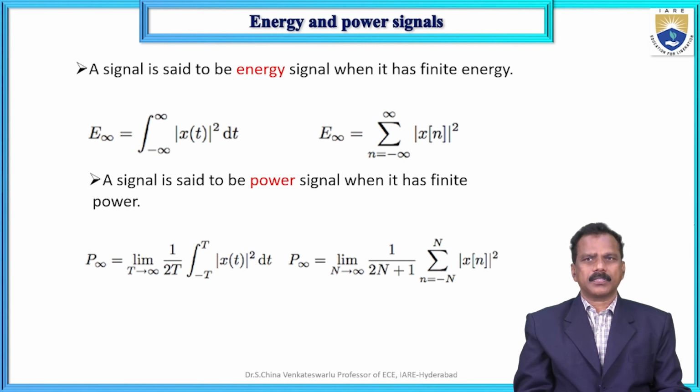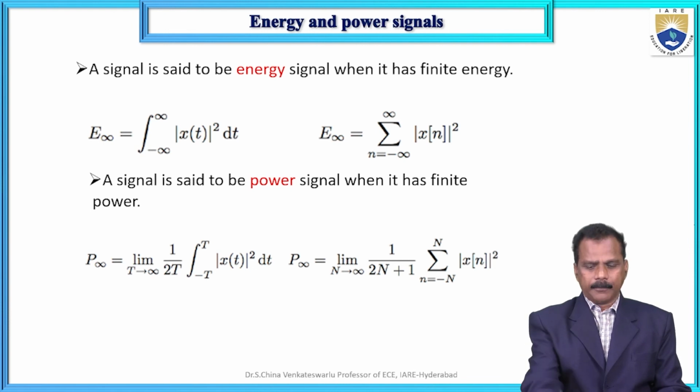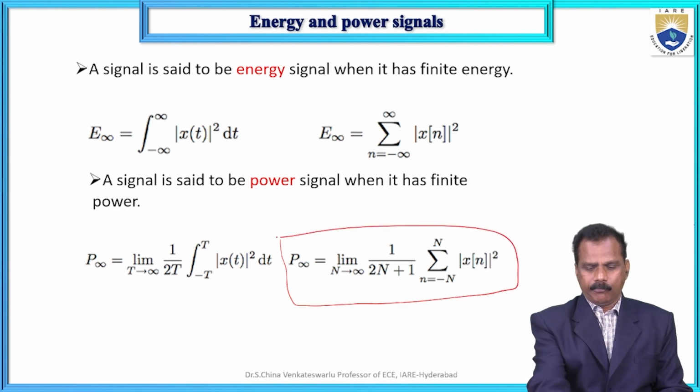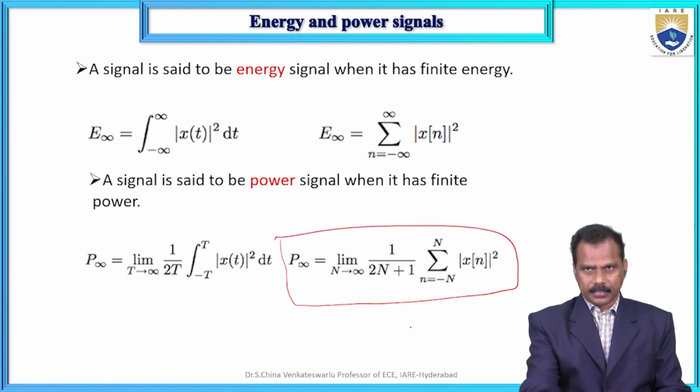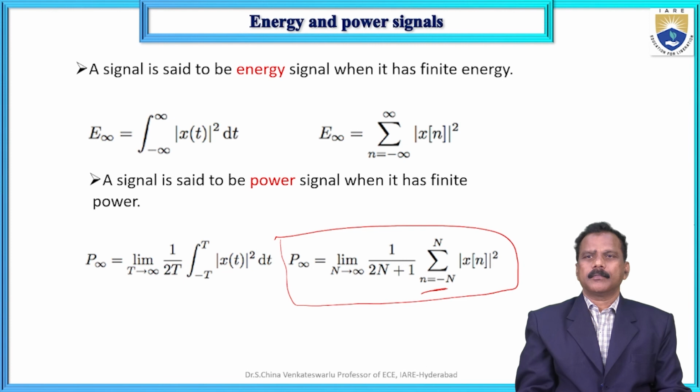The signal is said to be a power signal when it has finite power. P infinity is equal to the limit as T tends to infinity of 1 by 2T times the integral from minus T to T of mod x of t squared dt. For discrete signals, P infinity is equal to the limit as N tends to infinity of 1 by 2N plus 1 times the summation from n equals minus N to plus N of mod x of n squared.